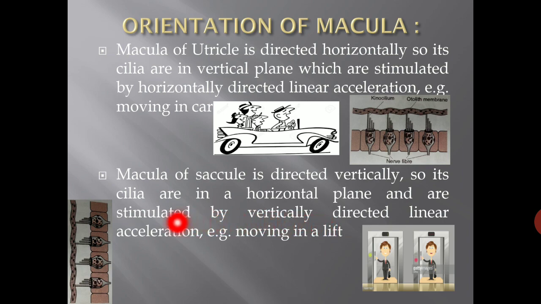So the hair cells in the saccule are stimulated during vertically directed linear acceleration, and the hair cells in the utricle are stimulated when there is linear acceleration, for example moving in a car.